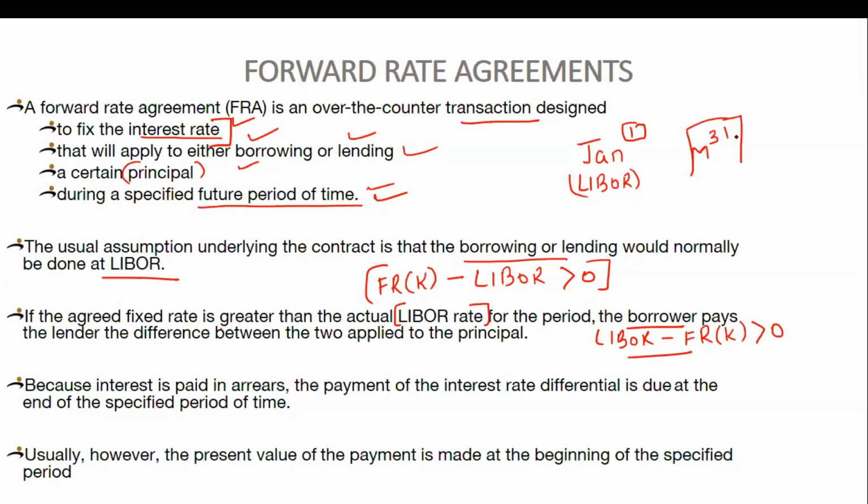This is the logic of your forward rate agreements payment. But usually what happens in the market is they discount back this price and make the payment today itself, that means at the beginning of the specified period.